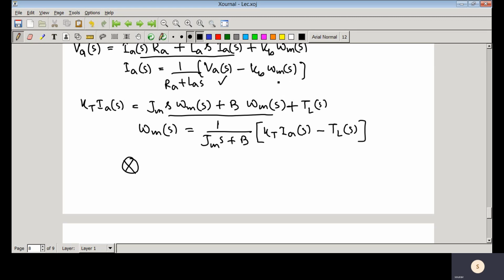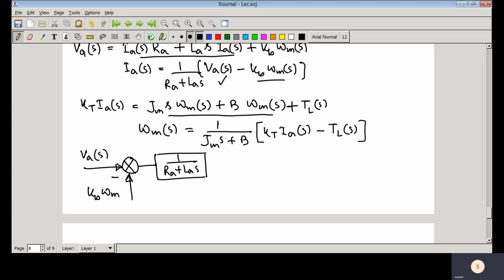If you apply the voltage VAS here, then you have one feedback path, that is KB omega M. Then if you divide it by one rational transfer function, 1 by RA plus LAS, you have IAS. This term we get if you multiply with KT.